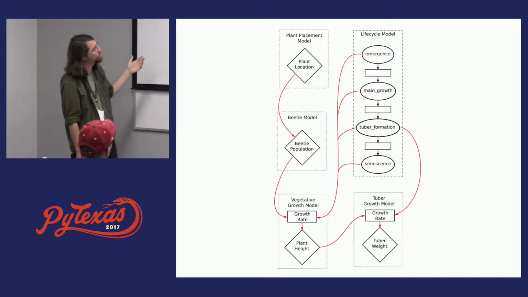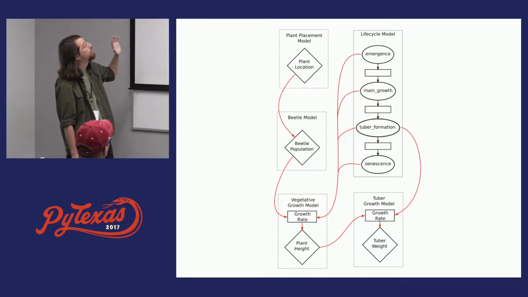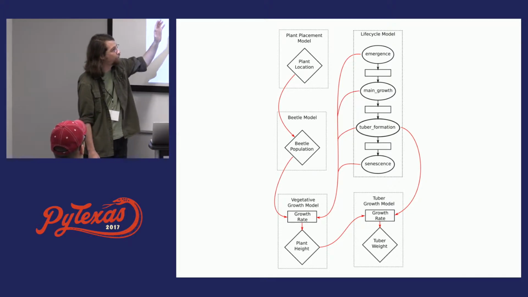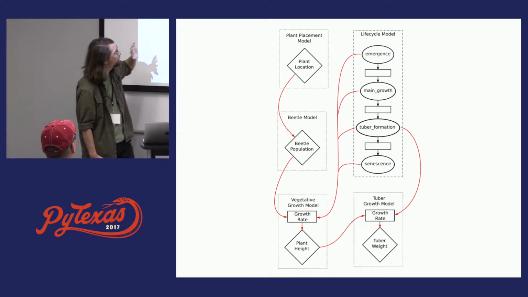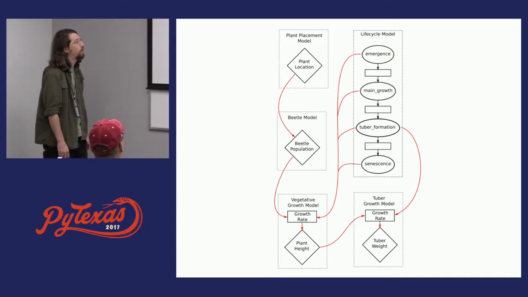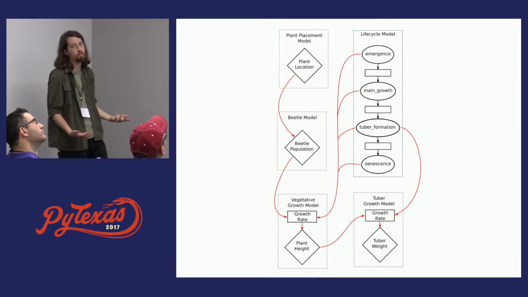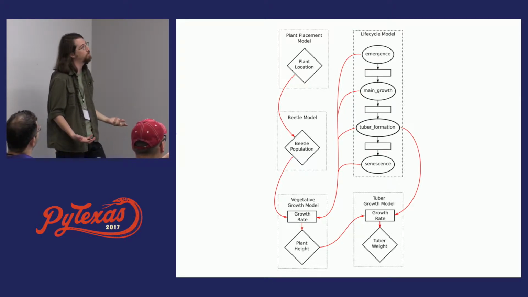So I'm going to talk about how I've designed the model, and I'll show you some code of how it's actually implemented in our tool set. But you can see here, I'm approaching it in the way that I talked about earlier. I've broken it down into several small models that each talk about a component of the system in as much isolation, as decoupled as possible from the rest of the system.